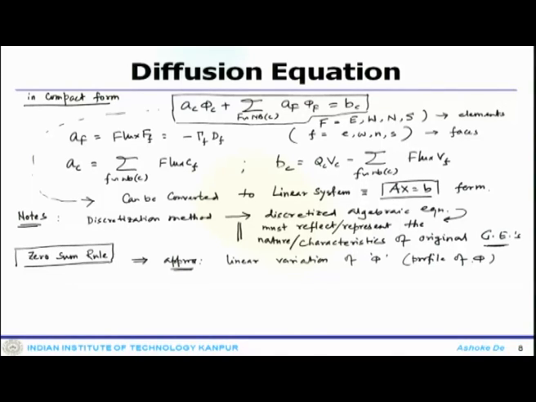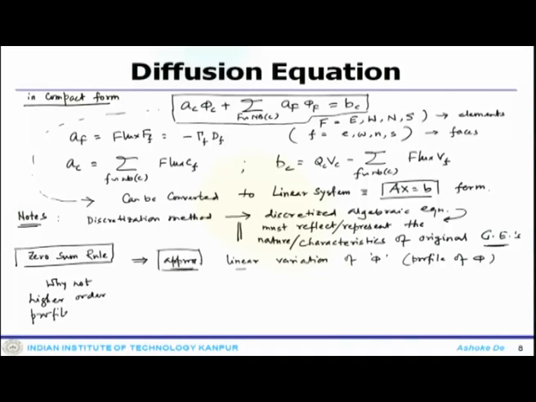So, this is one of the major assumptions or approximations that we have invoked so far. This could raise a question: when we have assumed the linear variation, why not a higher order variation or higher order profile variation?